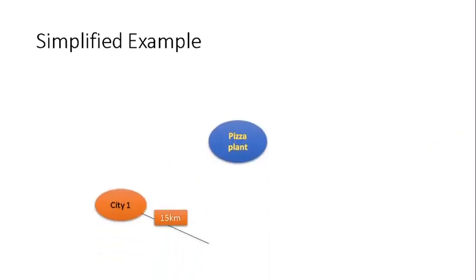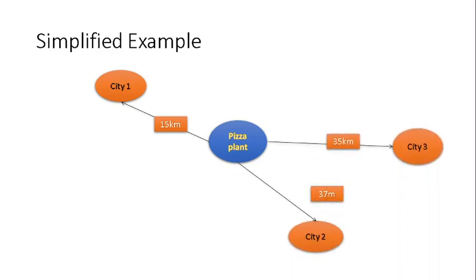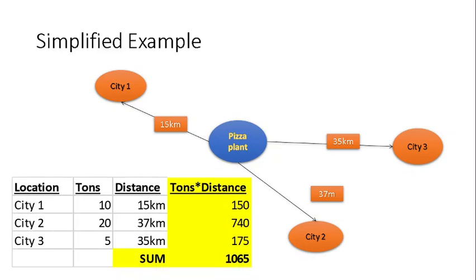So we might say that if we try another setting in our location, for example this one, and try again to calculate this table, this weighted load for the tons, if we apply the same approach as before, here we find that the weighted sum of those products is equal to 1,065.